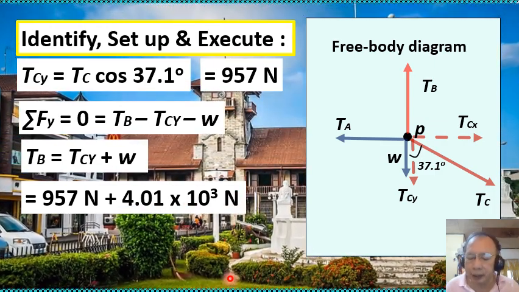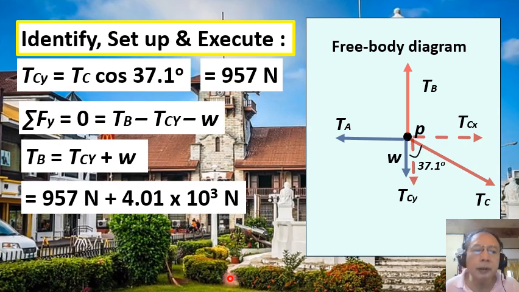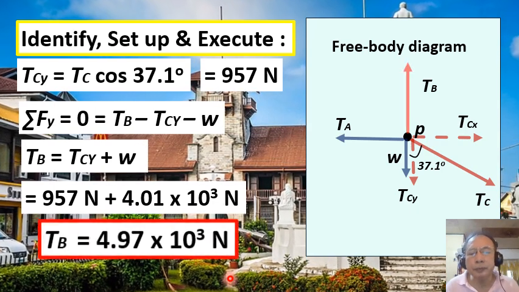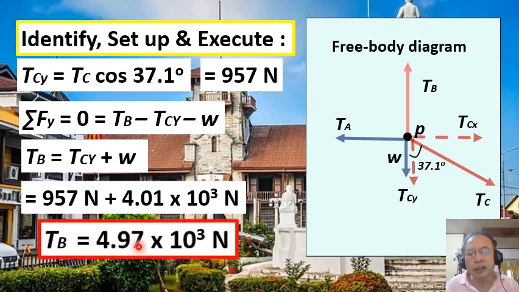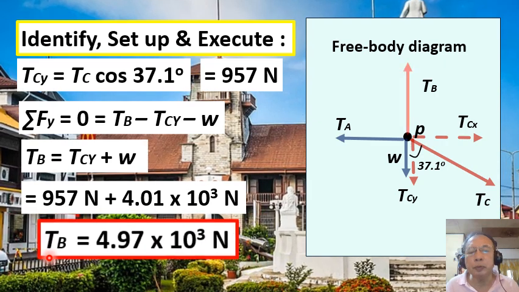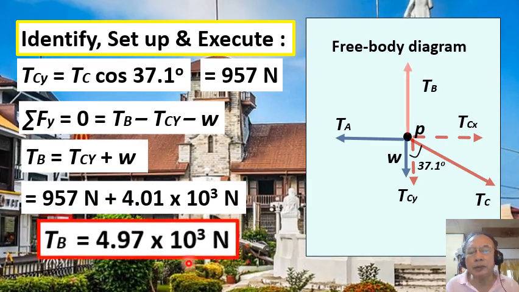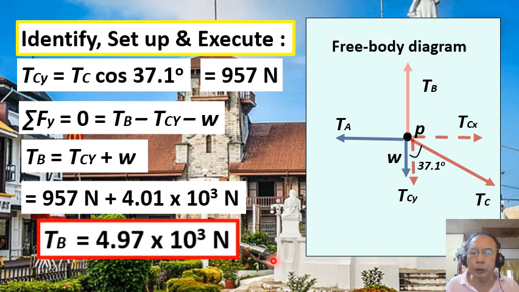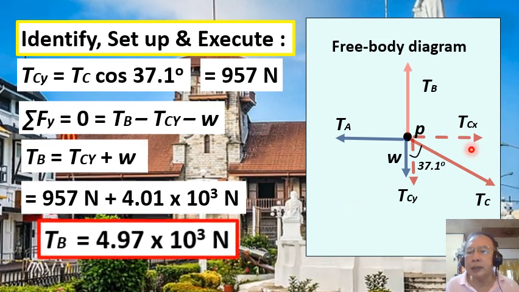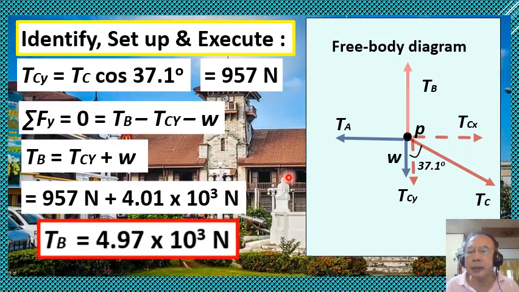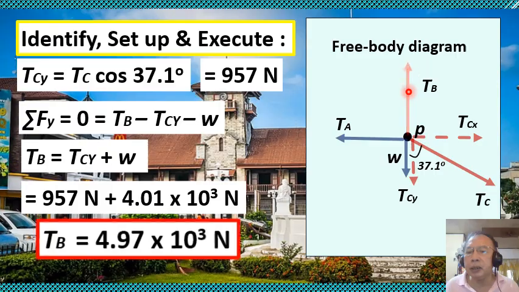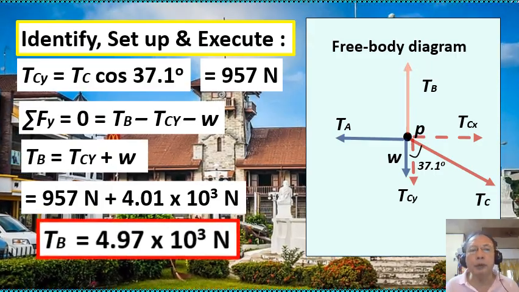So finally, we get the value of the tension TB in three significant figures equal to 4.97 times 10 to the third power newtons. And as indicated in the diagram, it is directed away from point P, or vertically upward.